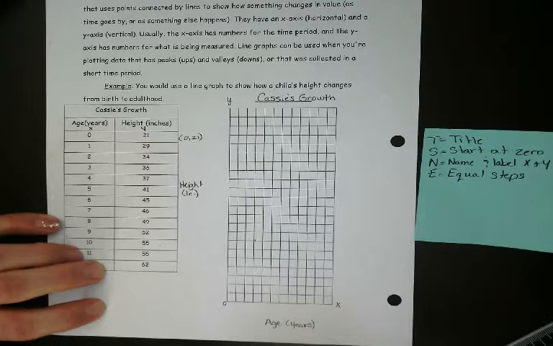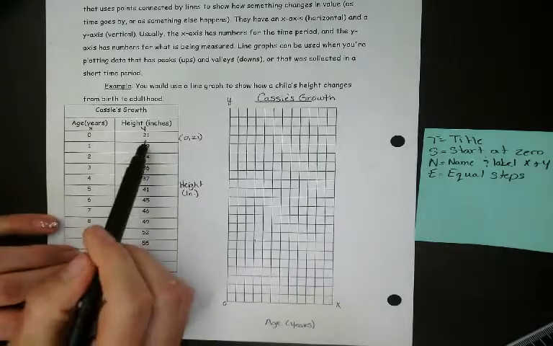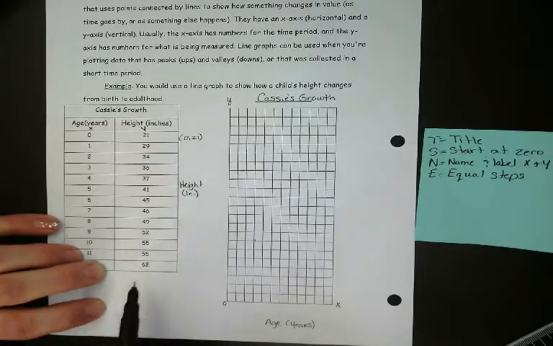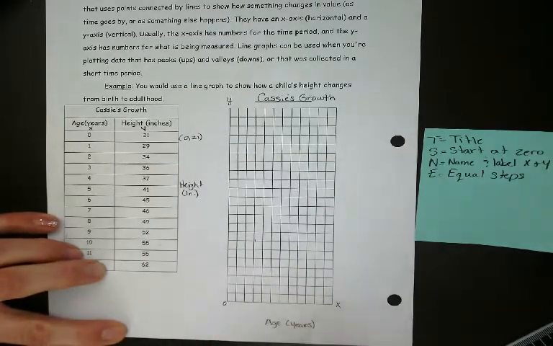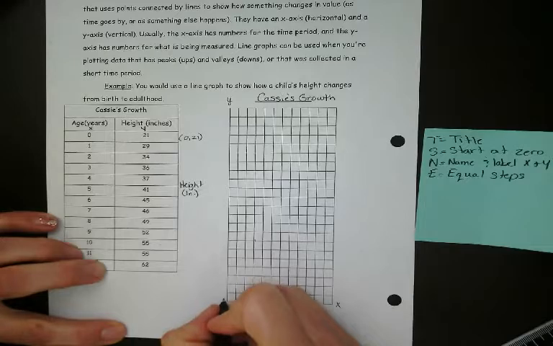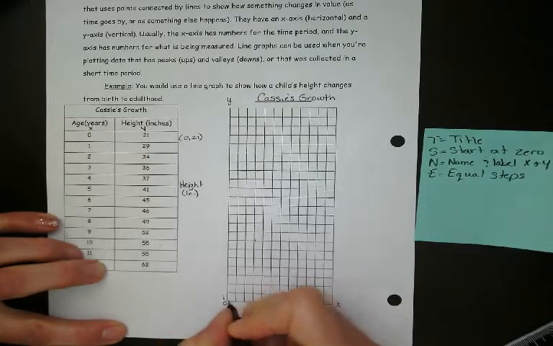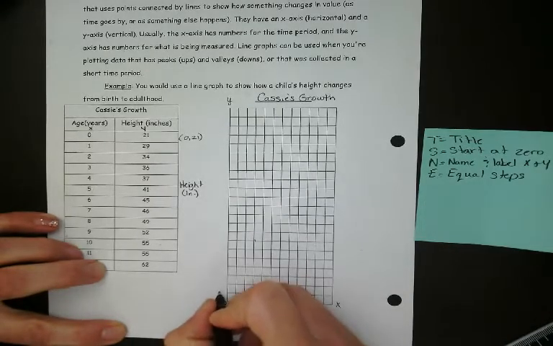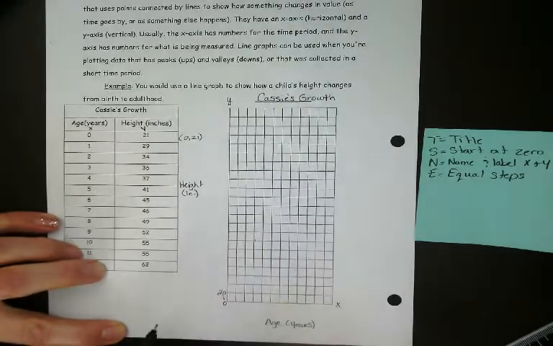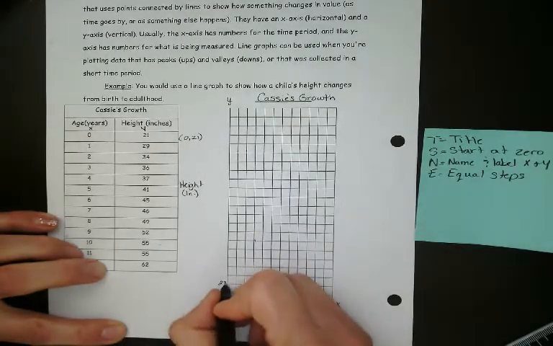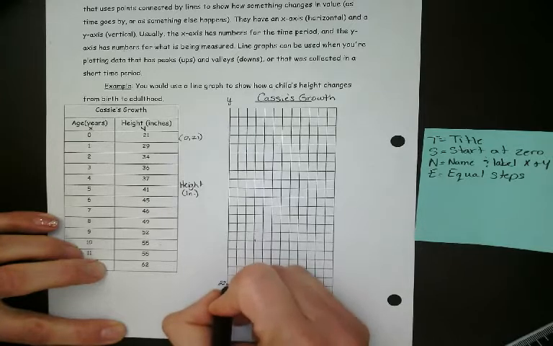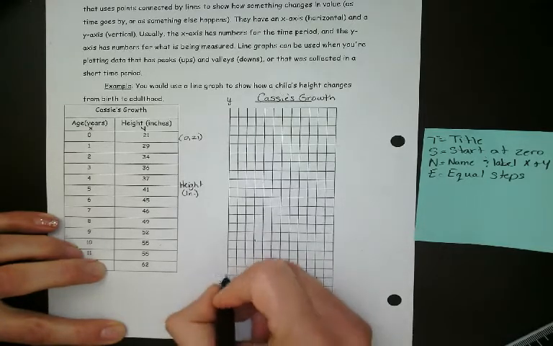Then we have to do equal steps. So I'm going to have a look at my information. I go from 21 inches to 62 inches. That's a pretty big span, and I know I don't have 62 inches up that side. So there's a little cheat we can do to skip a bunch of numbers. We're going to put 3 dots right here, and I'm going to start at 20. Now, in order to get all the way up to 62, I'm going to count by 2s. Make sure you're labeling at each line where it intersects with the edge.